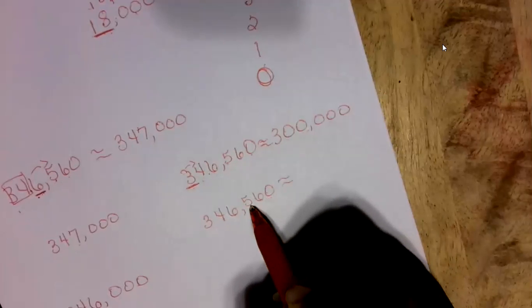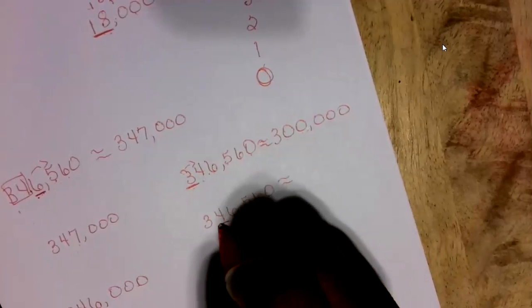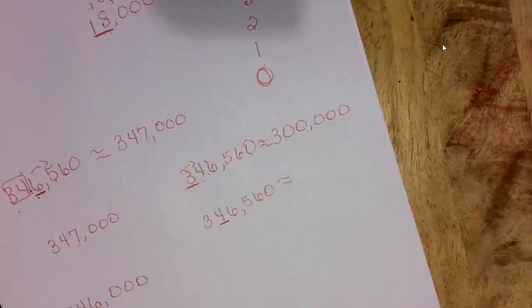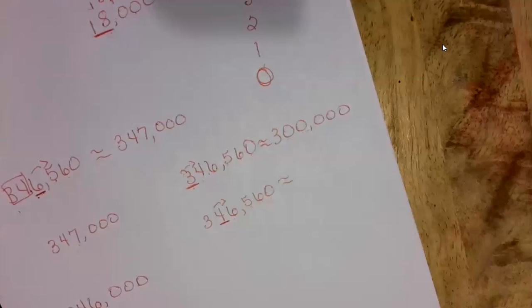Ones, tens, hundreds, thousands, 10,000. Okay? So found out my place value that I'm rounding, and then I need to look back at the number that's directly behind it, because the number directly behind it is the one that is deciding what's gonna happen.